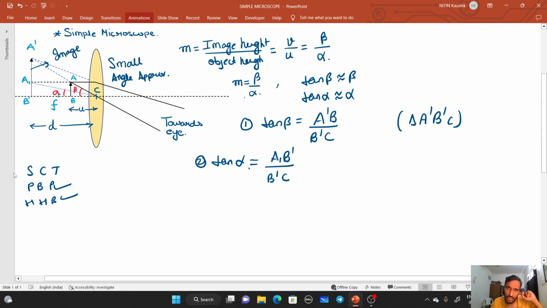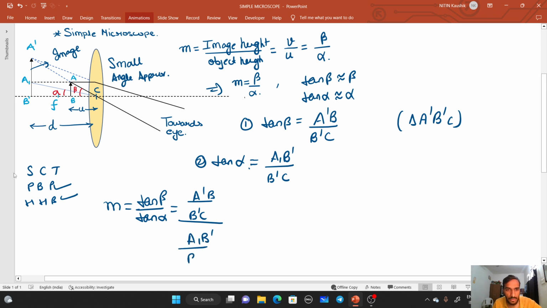Now from equation 1 and 2, we will substitute in this equation, right? So we'll get m is equal to tan beta upon tan alpha. So tan beta is A dash B dash upon B dash C, and tan alpha is A1 B dash upon B dash C. Then we'll get A dash B dash upon B dash C multiplied by B dash C upon A1 B dash.